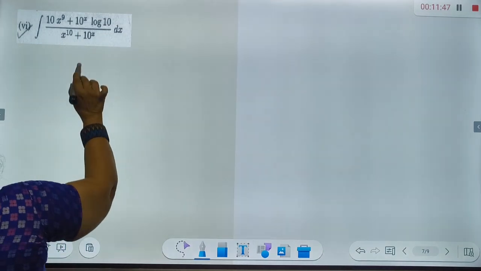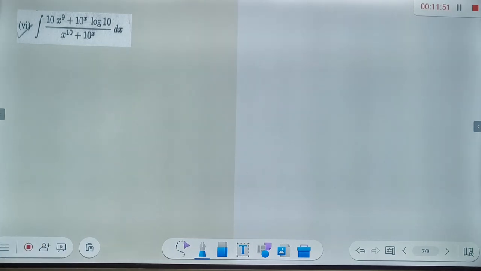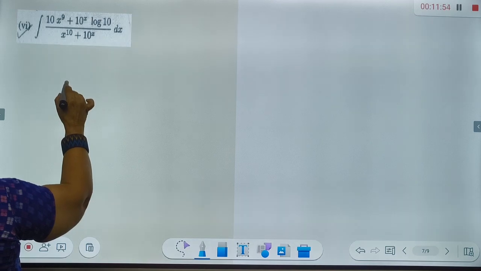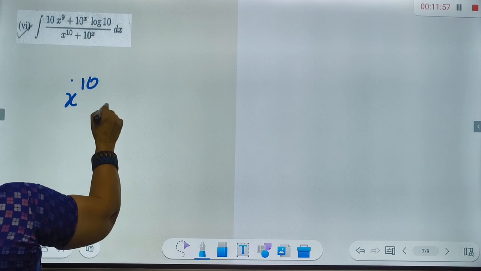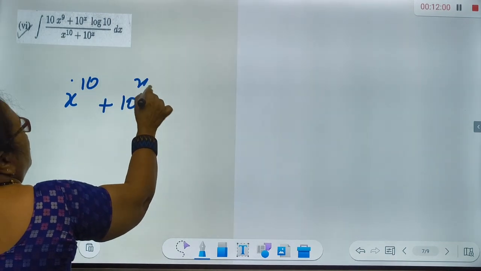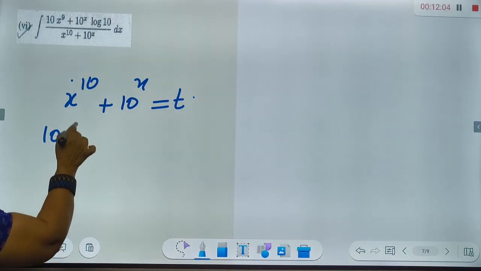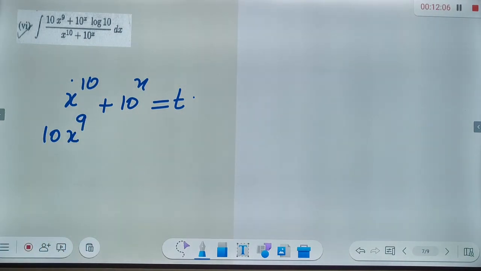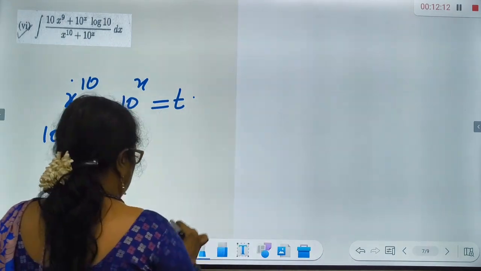So I'm also recognizing here that the numerator is the derivative of the denominator. Why is this recognition useful? Suppose I take x power 10 plus 10 power x equal to t. The derivative of x power 10 is 10x power 9, since the derivative of x power n is nx power n minus 1. What is the derivative of 10 power x?